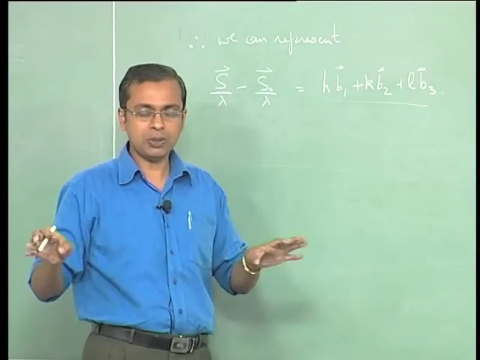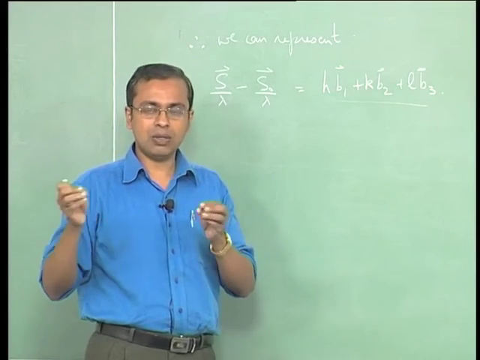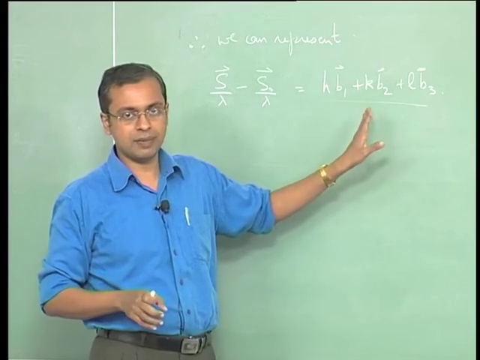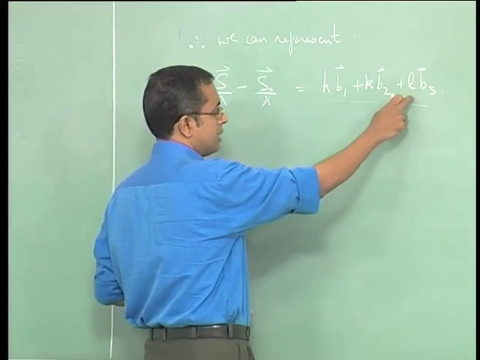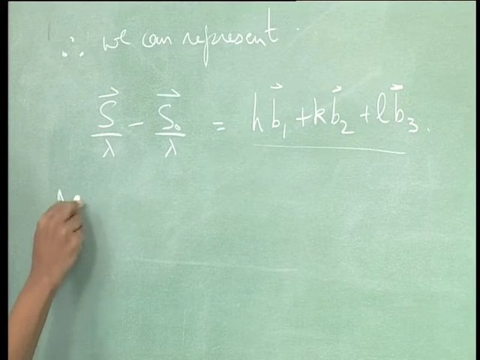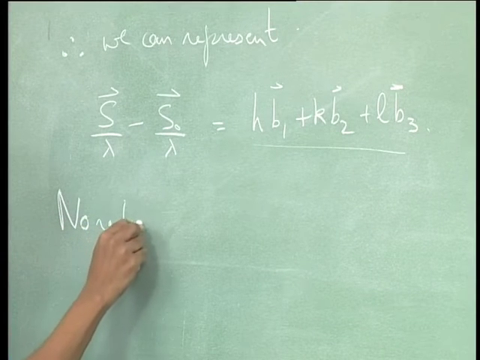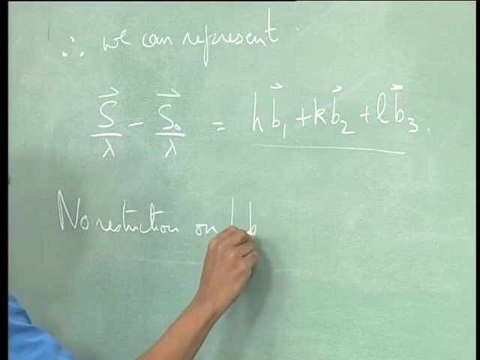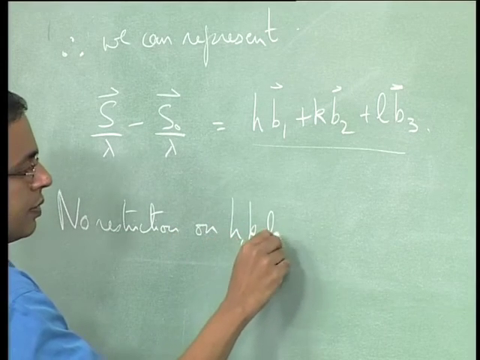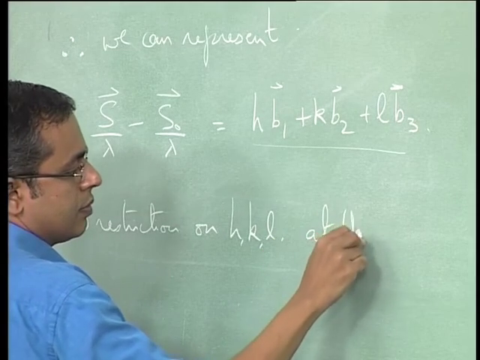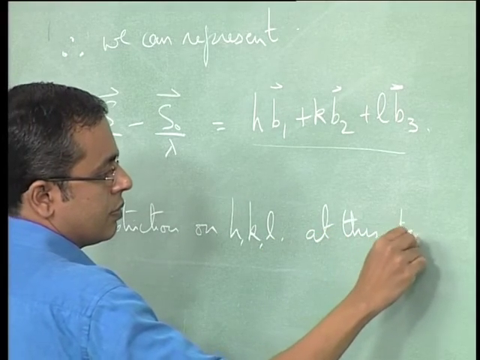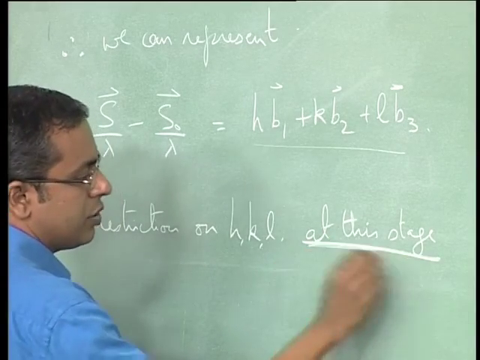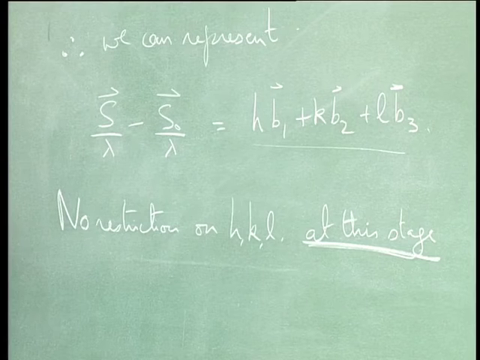They could be absolutely anything, integers, fractions, any number that you can think of you can place here. So at this stage of our definition, no restriction has been placed on h, k and l.